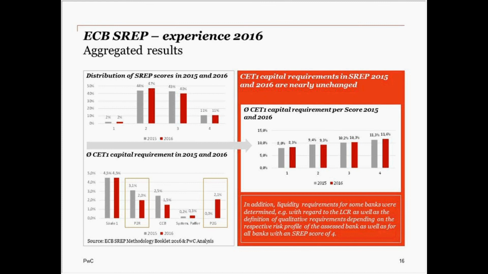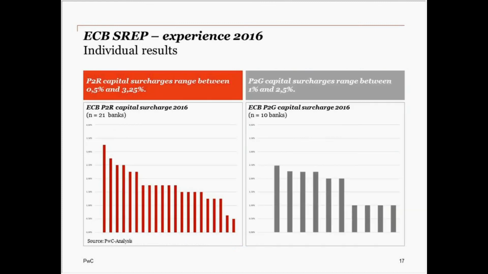What we see on this slide is the aggregated results. If we move on to the next slide, we see the individual results as far as we know them. The ECB itself hasn't published the entire range of the capital surcharges they have imposed on the banks. So what we see on this slide is some PwC experience from looking into different SREP letters.